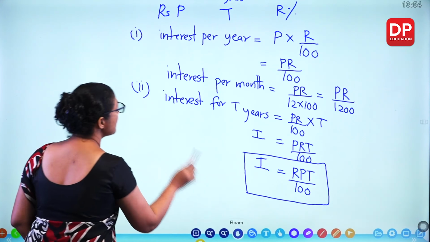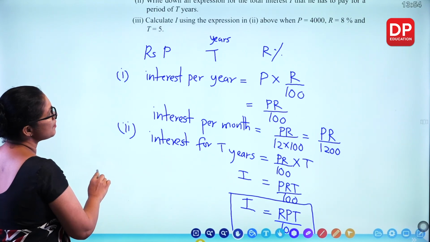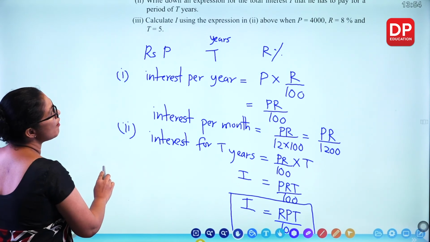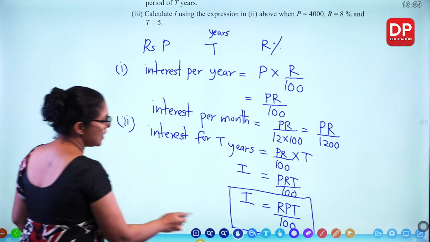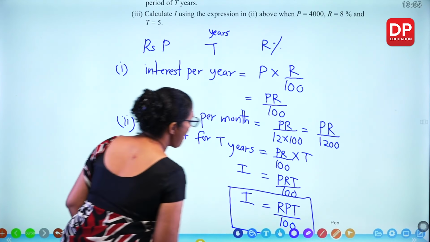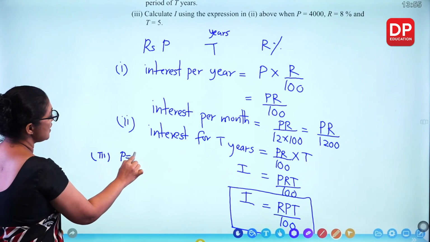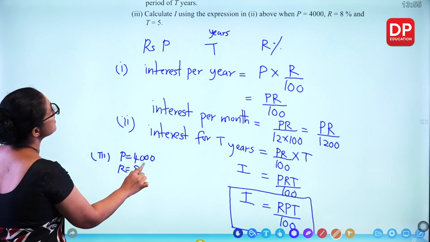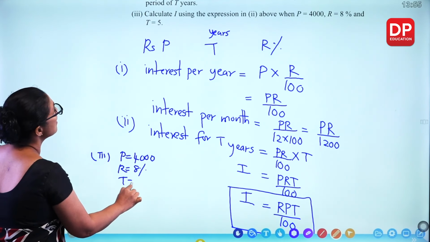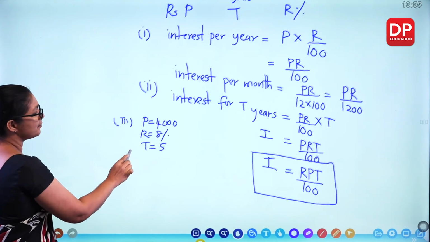Then look at the third part. Calculate I using the expression in 2 above. Look at the question. It's given P equals 4000, R equals 8% and T equals 5. So we'll use the formula now.